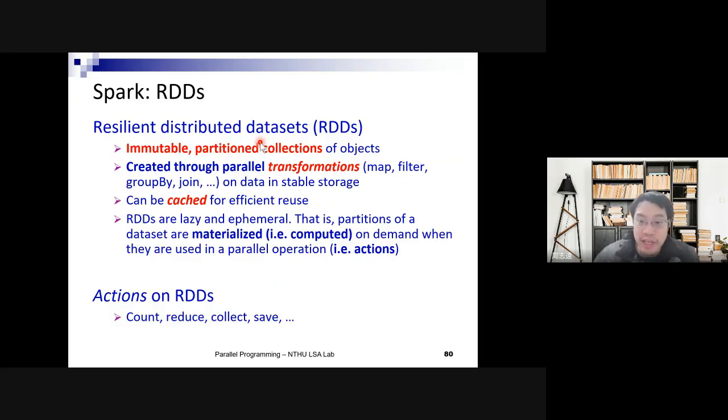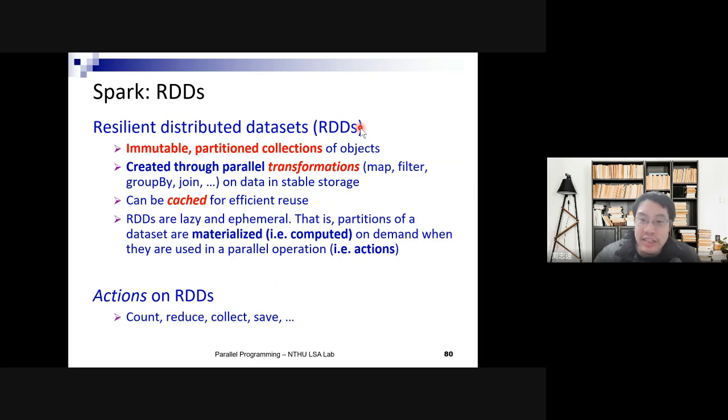So it's not replicated across machines, but it is partitioned and stored on different machines so that the RDD can be very large, could be larger than the memory size of a single machine. So that's why it can handle a larger data set. But the size of the RDD is still limited by the memory size of your distributed system, right?